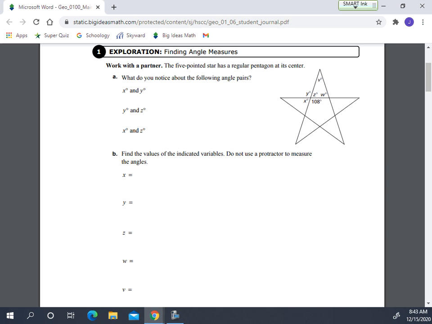Well, we know z is 72 degrees. How would they expect us to find that? Sorry, I'm just looking at the book quick. I don't want to jump into information we haven't learned yet. So I'm just looking.